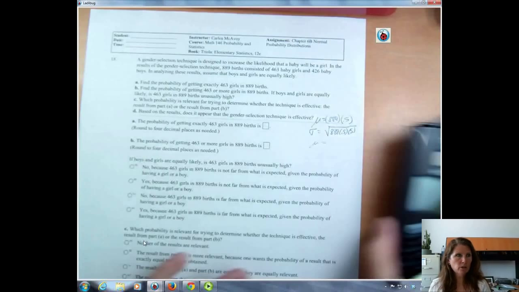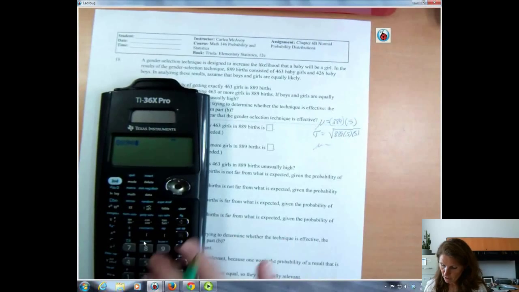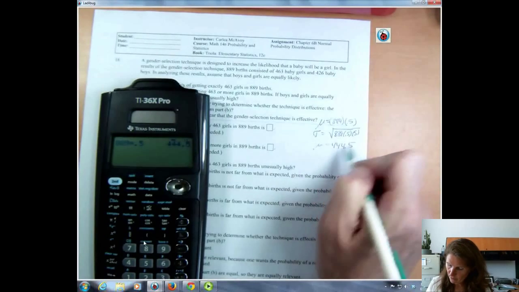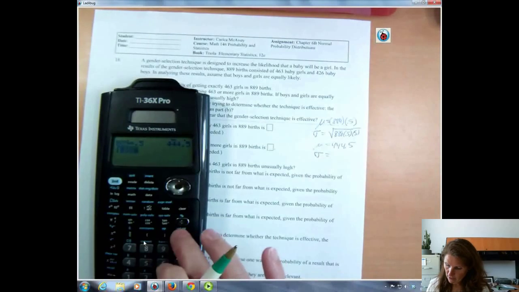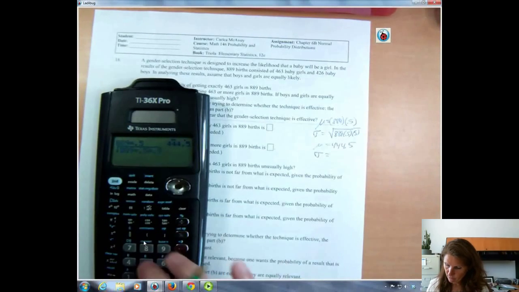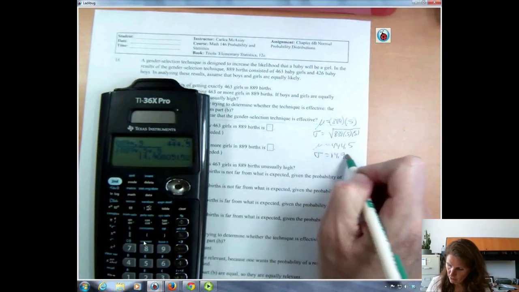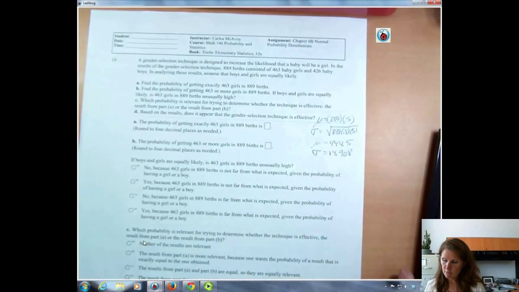So let's get those two numbers, 889 times 0.5, 444.5. And the standard deviation is 14.908. I'm going out one extra place there.